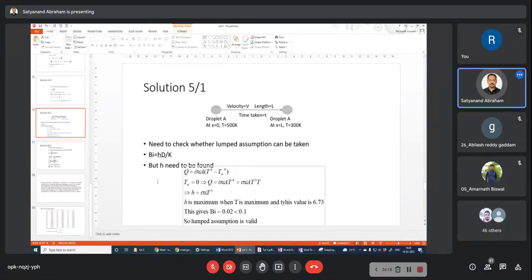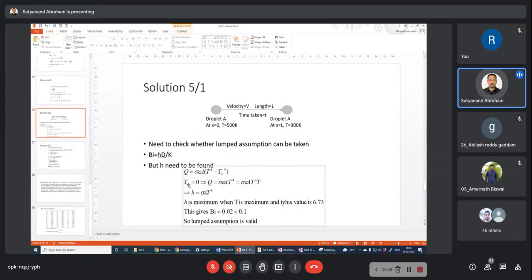Q we know as sigma into emissivity into area into T raised to 4 minus T infinity raised to 4. But we said that T infinity is equal to 0, the ambient surrounding. So Q is equal to sigma into emissivity into area into T raised to 4.